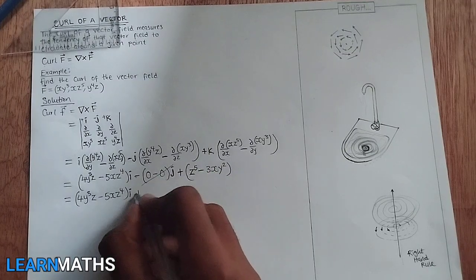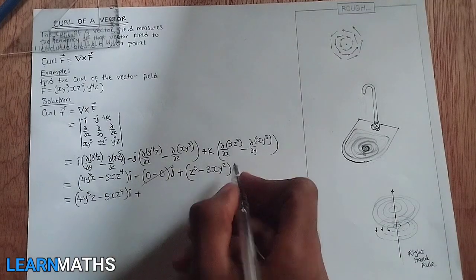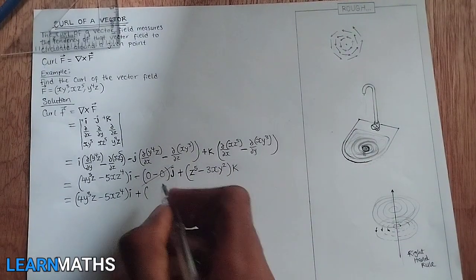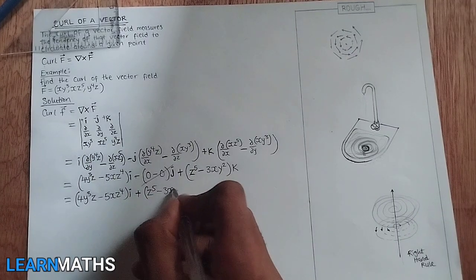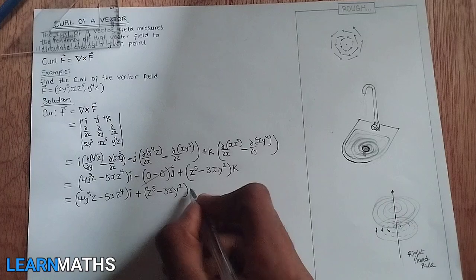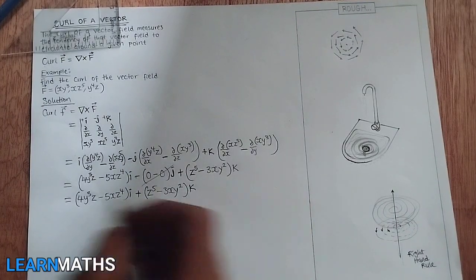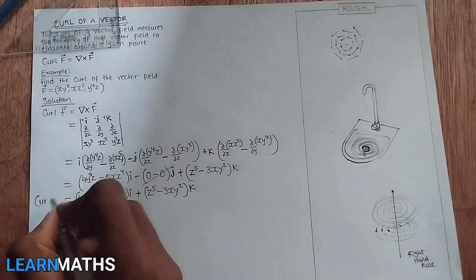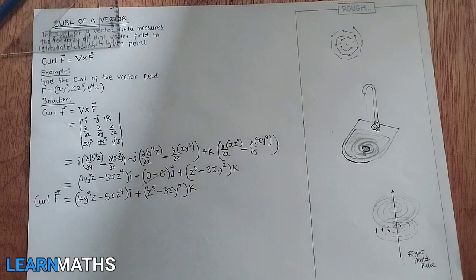Plus z raised to power 5 minus 3xy squared k. That's the curl of the vector. This is the curl of f. It's a vector quantity, right? It's not a scalar, it's a vector.